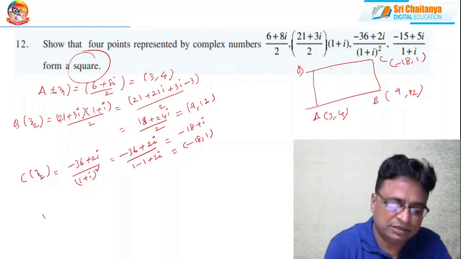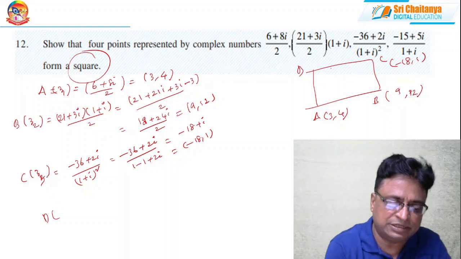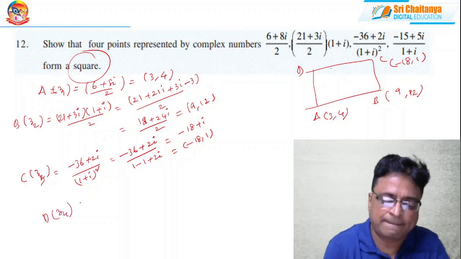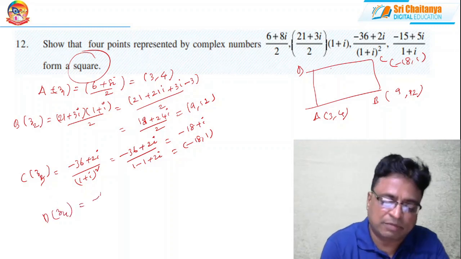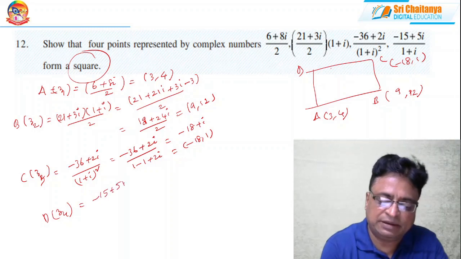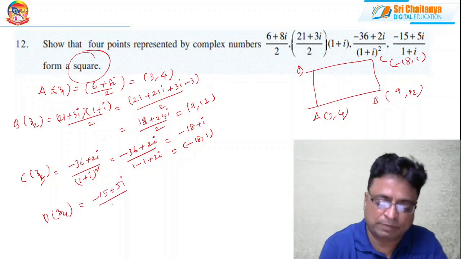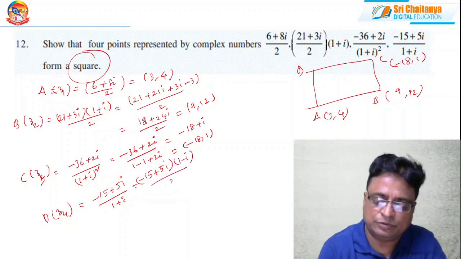Similarly, D, z4. This is z3, this is z4. That is (-15 plus 5i) by (1 plus i). Rationalize: (-15 plus 5i) into (1 minus i) by 2.